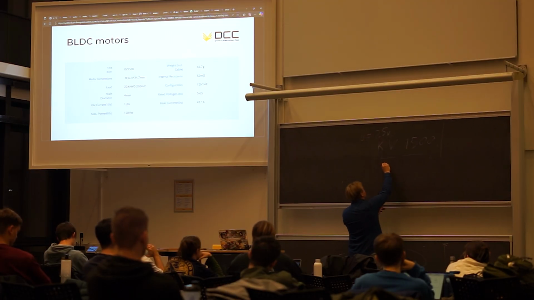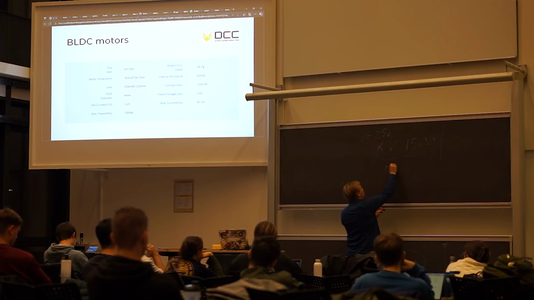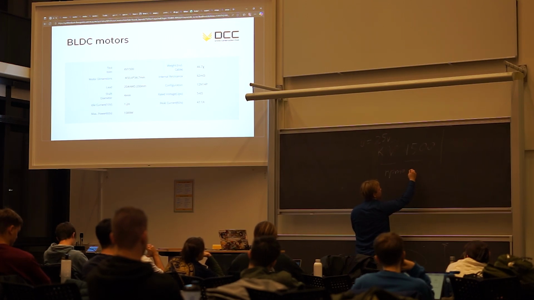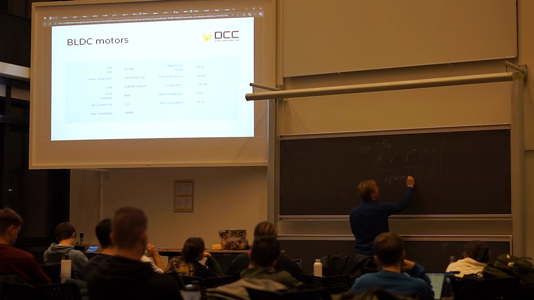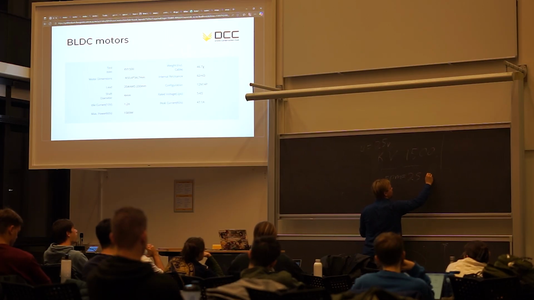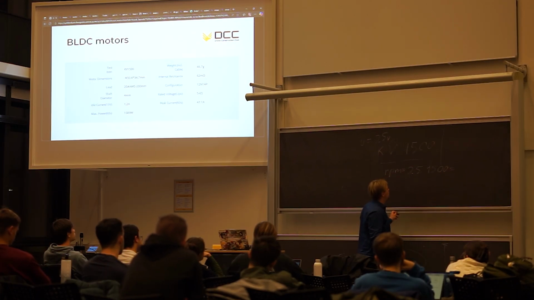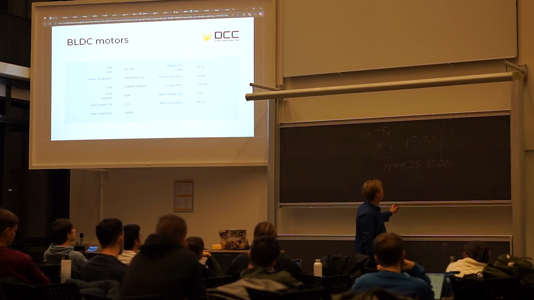To get the RPM, you just multiply one by the other. So 25 times 1500. And you have, I don't know what that is. Can someone calculate that?